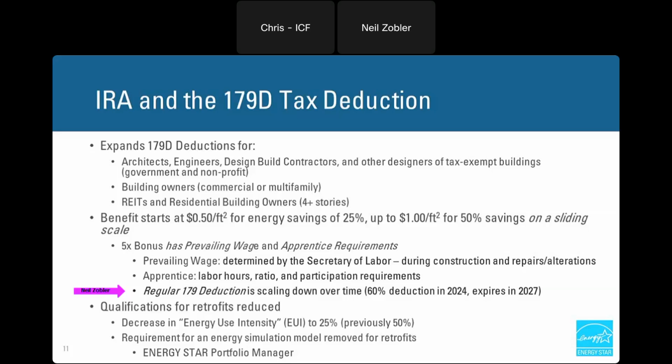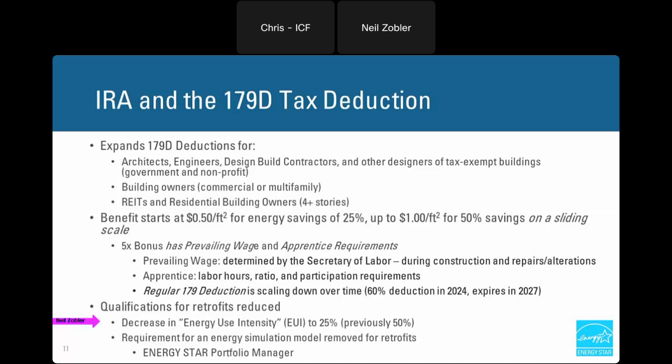Now, the qualifications for retrofits have been reduced. There was a decrease in energy use intensity, EUI, from 50% to 25%. That's great. And the requirement for an energy simulation model was removed for retrofits. Right now, using an energy efficiency model, which is recommended by the Department of Energy, and a new construction, you can forecast the savings and be able to capture and qualify for the 179D.